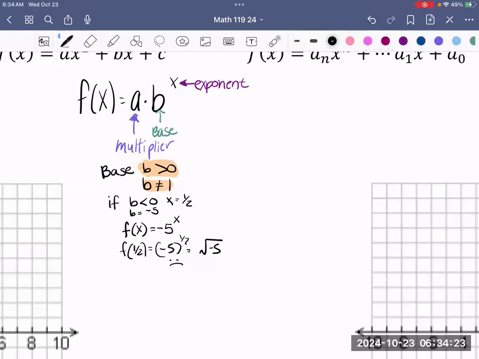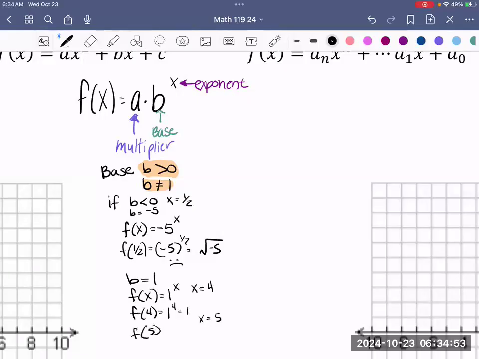Now let's take a look at another restriction, where b is not equal to 1. Let's say it is equal to 1. So let's just take f(x) = 1^x, and then let's set x equal to 4. So f(4) = 1^4, well, that's just 1. Okay, not bad, but let's change it. Let's say now x is 5.